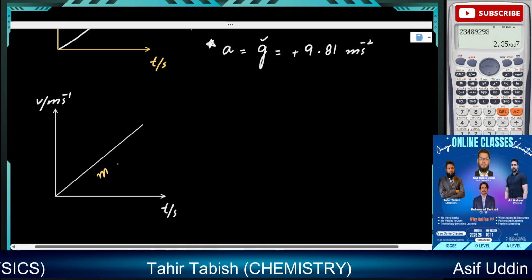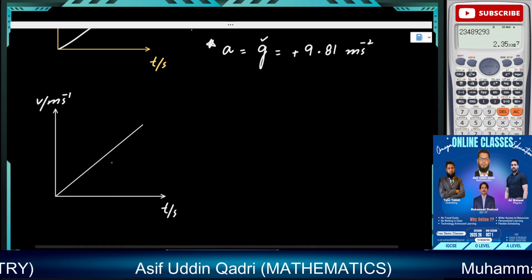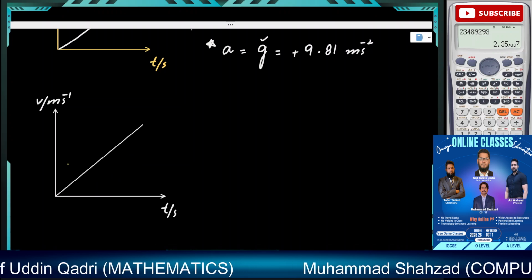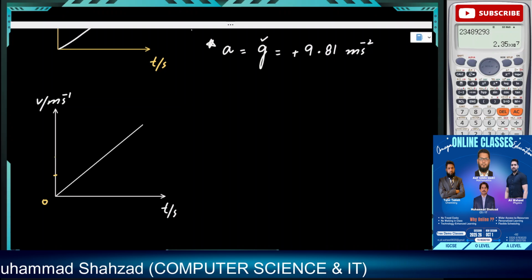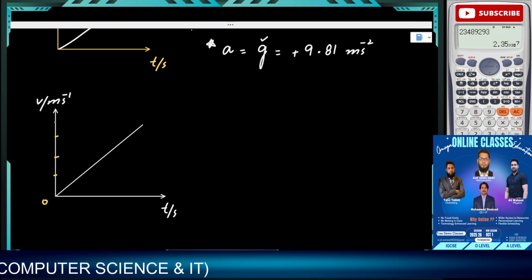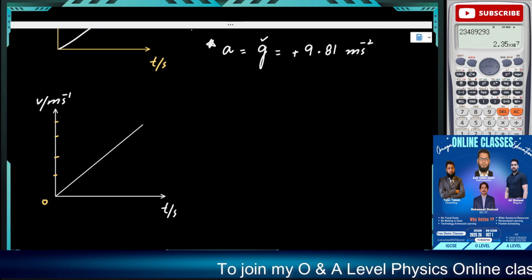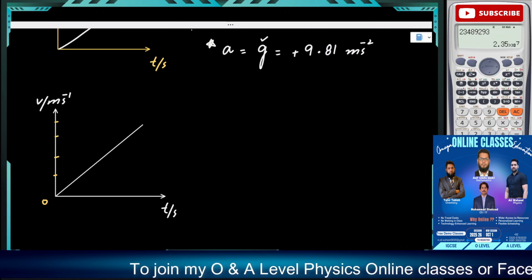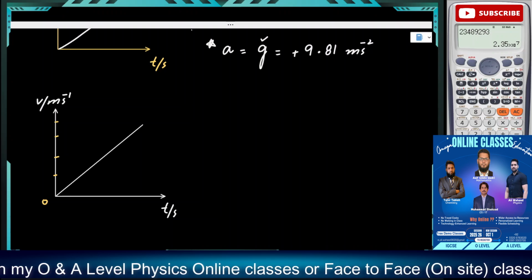The gradient is positive. Okay, we'll talk about the gradient afterwards. You see the velocity was initially 0, then it increases, and as the object falls down, the velocity increases. So this is what the velocity time graph will look like for the object thrown downward with this sign convention.